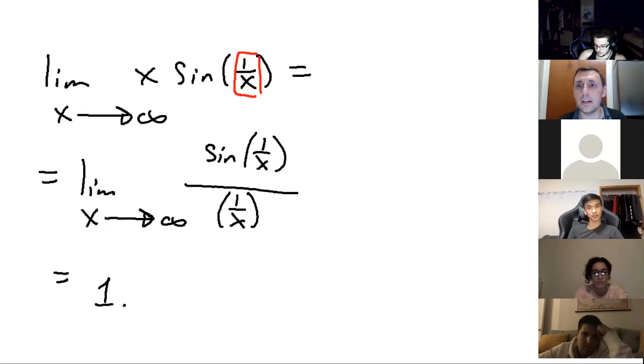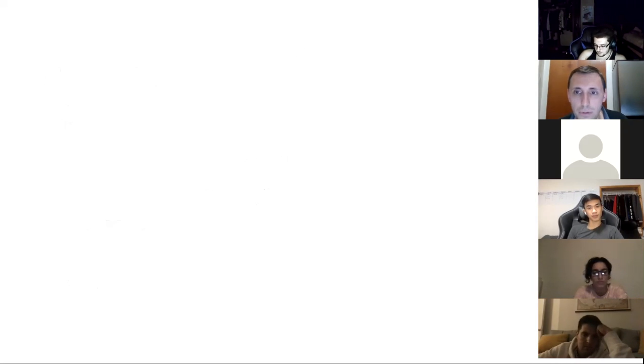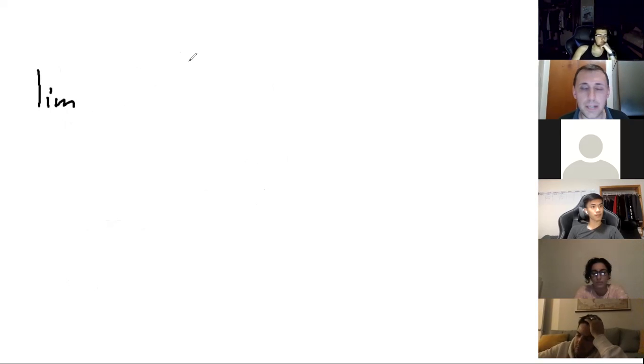Okay, let me see if I will catch you with this one. Now I'm going to ask you to take a limit. To multiply by x is to divide by the reciprocal, right? If I multiply by 2, it's the same as dividing by 1/2. Make sense?